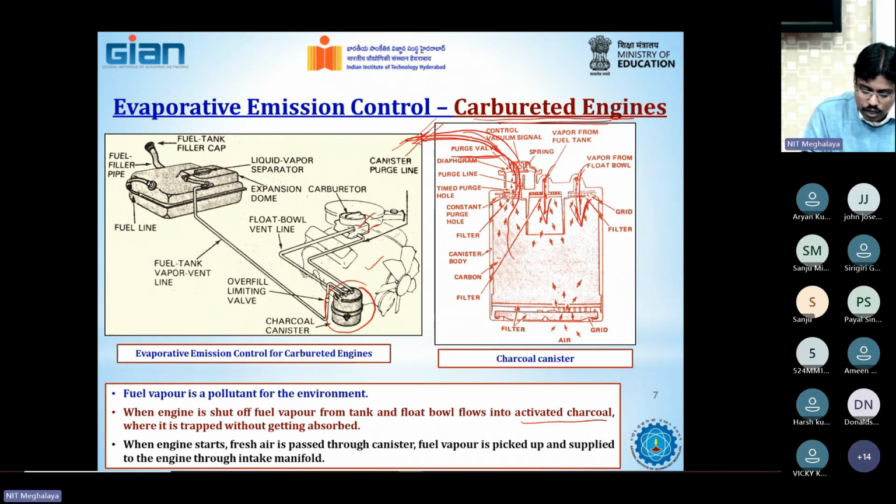So when the engine starts, fresh air is passed through the charcoal canister. Fuel vapor is picked up by this air and supplied to the engine through the intake manifold. That is the way evaporative emission is controlled in a carbureted engine.